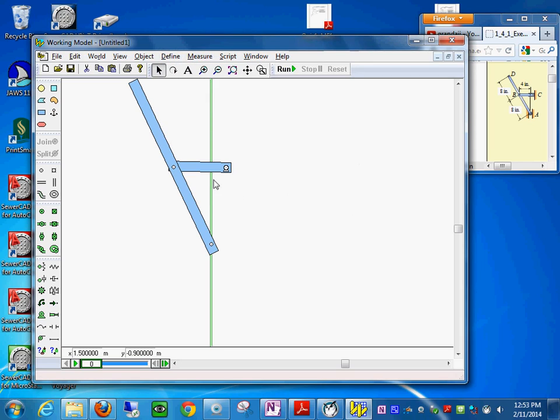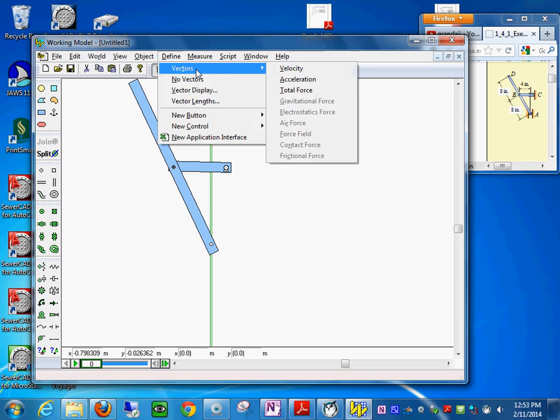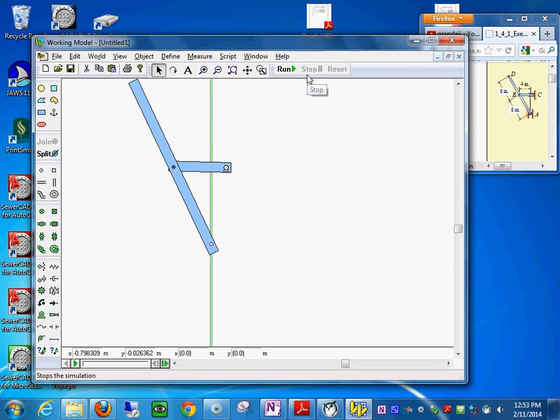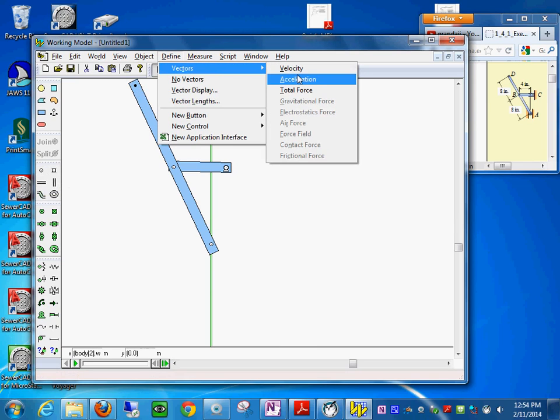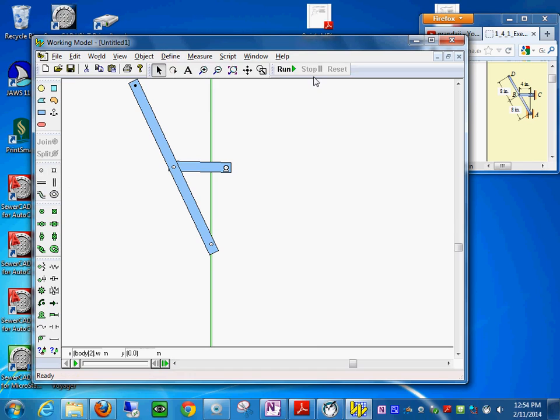First I need to select it. You say define the vector, in this case the acceleration. And I need this point over here too, so I need a point element. I'm just gonna put the point D over here.